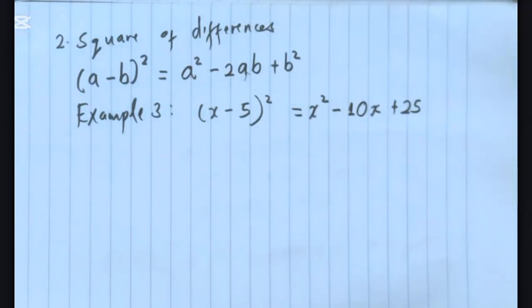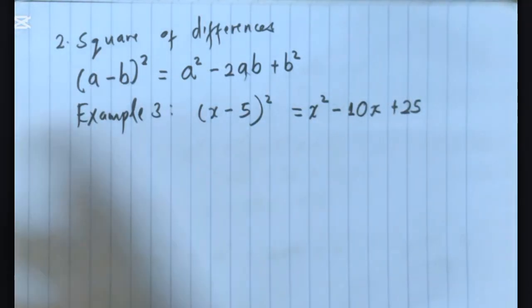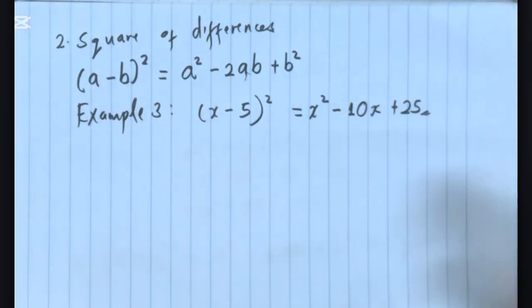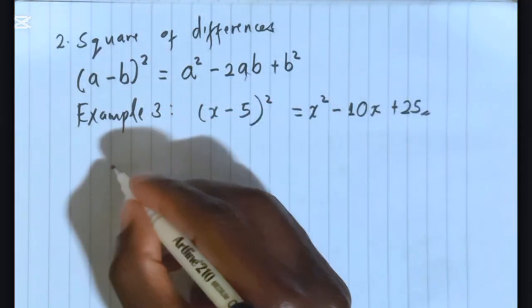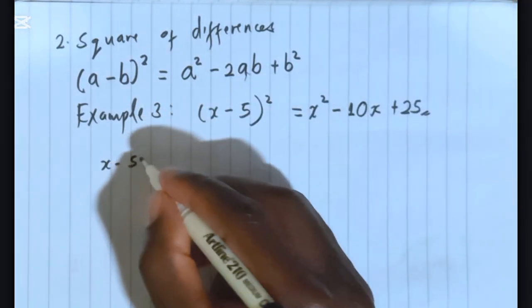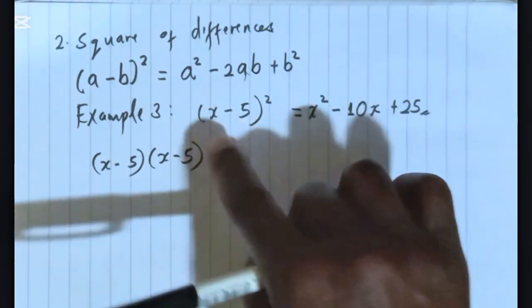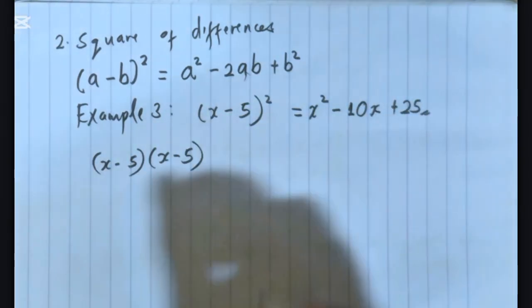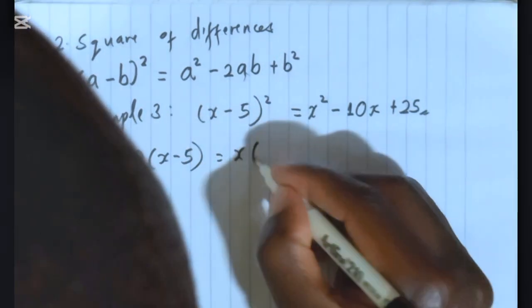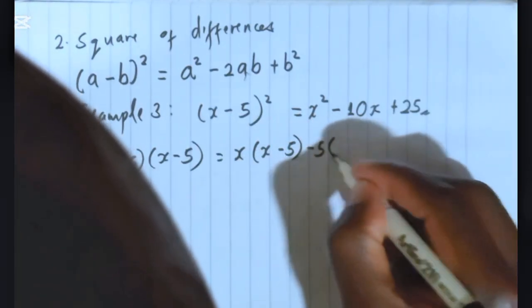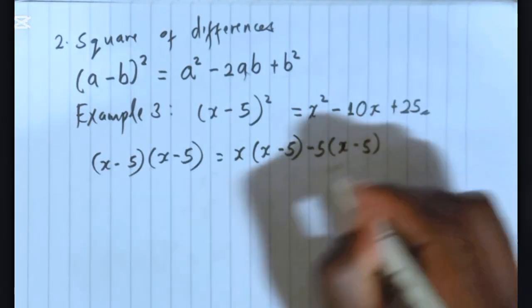So why don't I expand it so that you are able to see what I actually mean? We already know what the answer will look like, so I'm just going to expand it for you so that you know actually what we are talking about. So x minus 5 times x minus 5, which is what we have here, will basically be x into x minus 5, minus 5 into x minus 5.